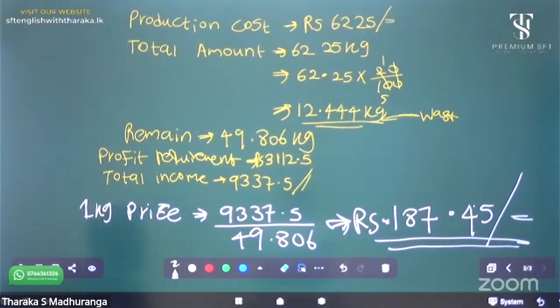$3,112.5 is the profit. We need 50% profit. 50% profit means half of the production cost. Now, okay. Habib.